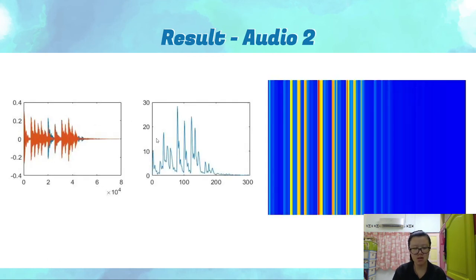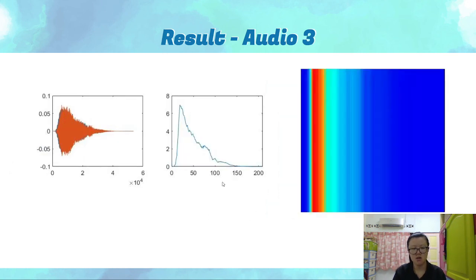For the second audio, we can see that the signal goes higher and lower very frequently. The lower energy is blue in color, the medium is yellow, and the highest is red or orange here, and finally it returns to blue.